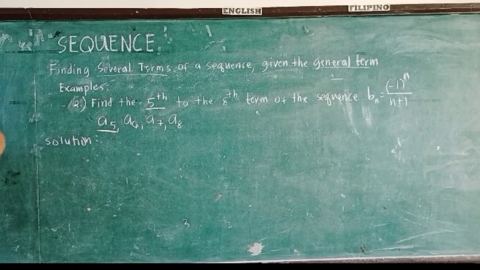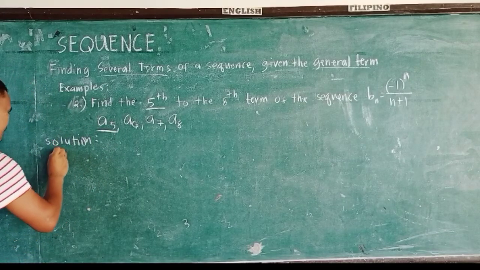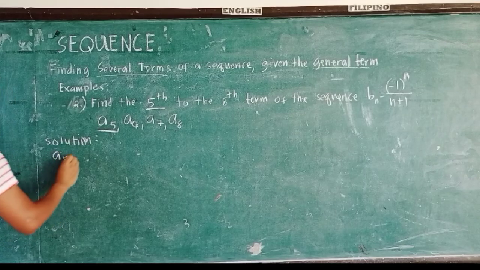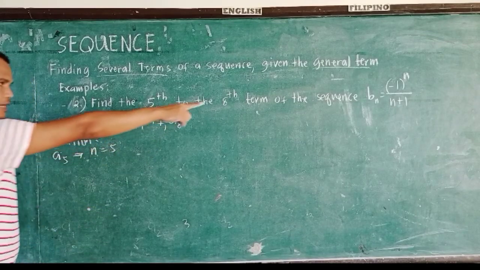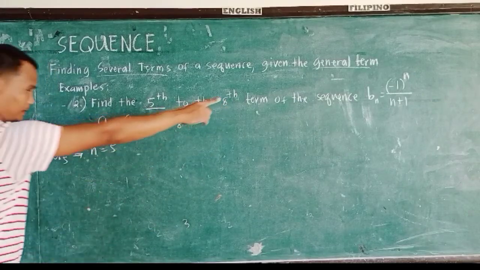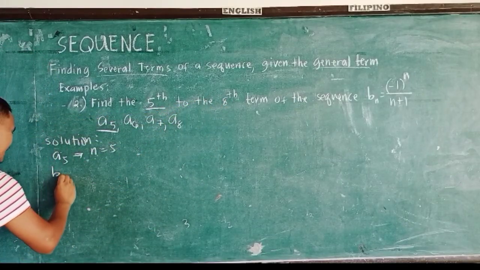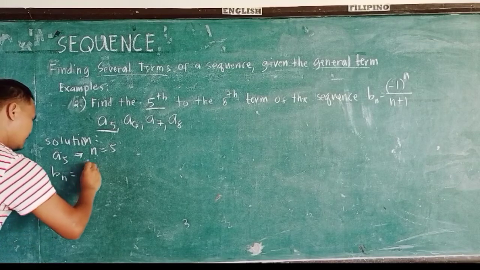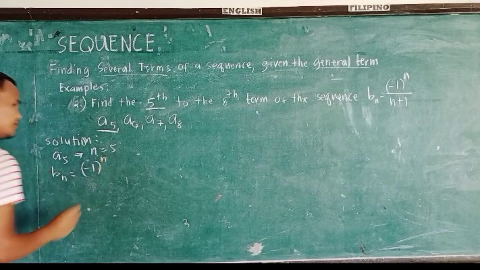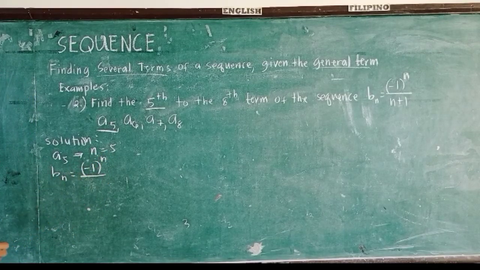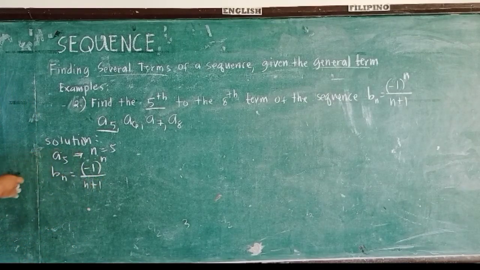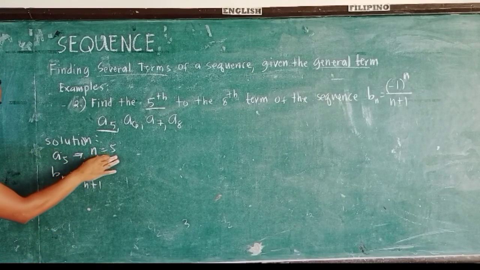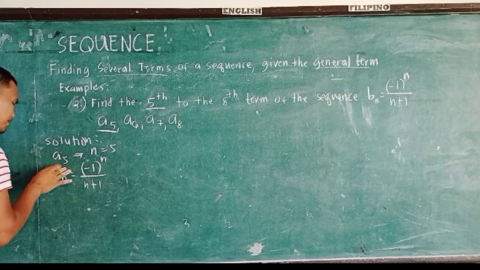So find first a sub 5. Find a sub 5. It implies that n equals 5. Using the general term, b sub n equals negative 1 raised to the power of n over n plus 1. Substitute the value of n is equal to 5 because we are asked to find the fifth term.